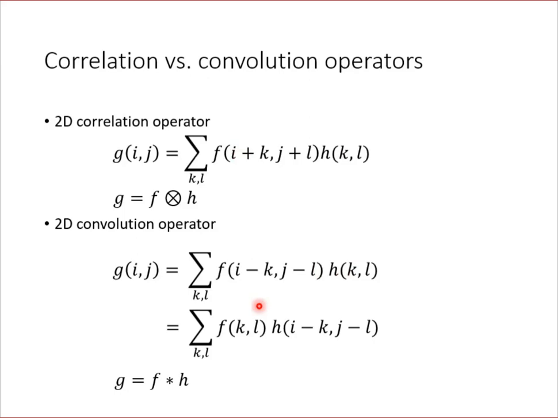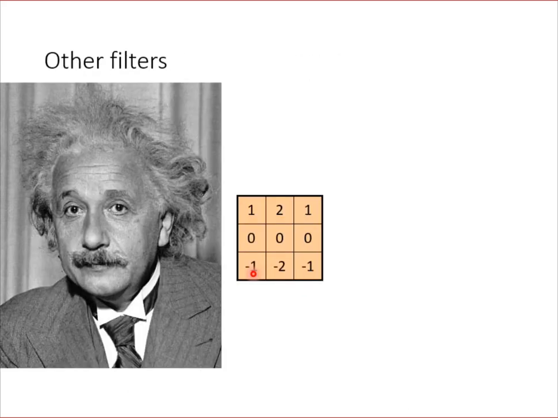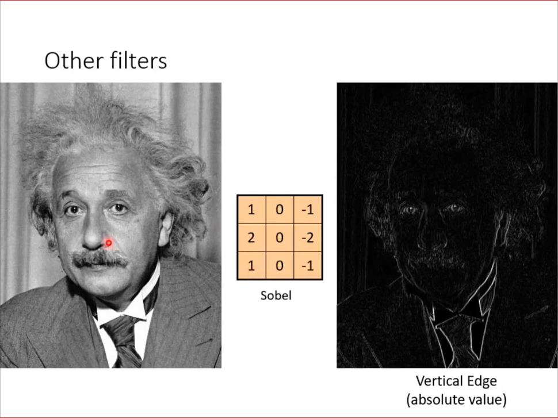Keep in mind this is the plus and the minus. Let me go back to when you calculate this. When you have an edge here, and this is the bright part, say a very large number, say 255, and this is smaller.